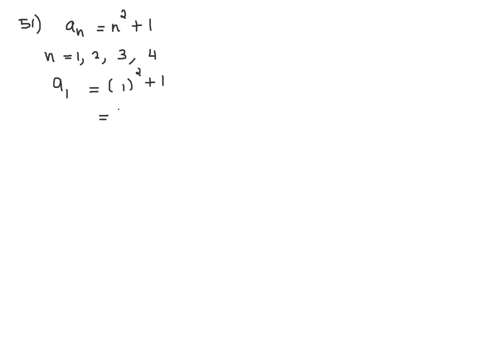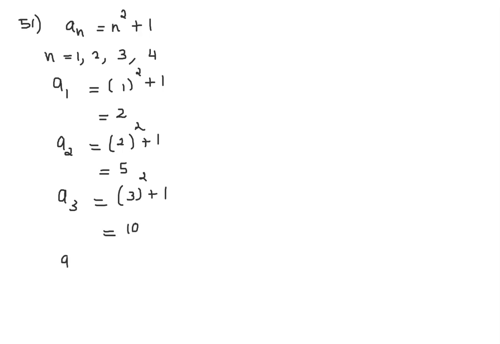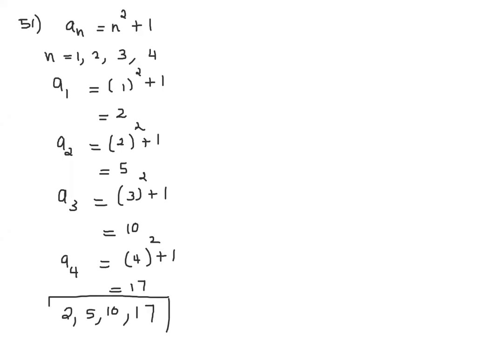So 1 squared plus 1 is 2. a2 is 2 squared plus 1, which is 5. a3 is 3 squared plus 1, which is 10, and a4 is 17. So the terms are 2, 5, 10, and 17. These are the first 4 terms.